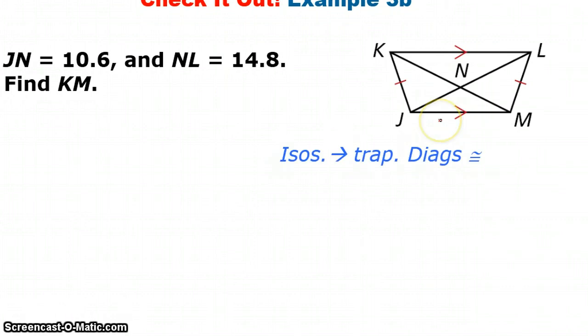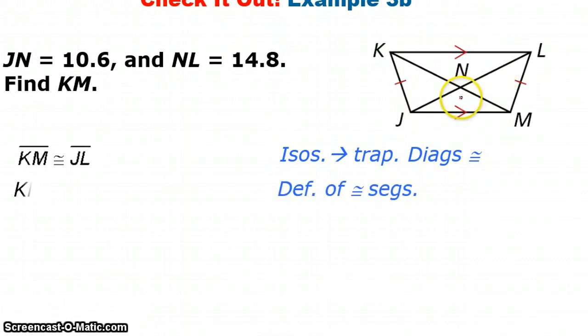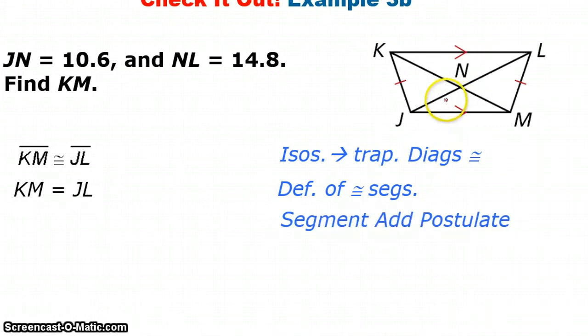Well, we're going to use what we know, our theorem. We know that if we have an isosceles trapezoid, the diagonals will be congruent to each other. So we're going to say that, given that theorem, we know that the segment KM is congruent to segment JL. So really, we're just going to use our segment addition. We're going to add the two segments JN and NL, and together they equal this diagonal.